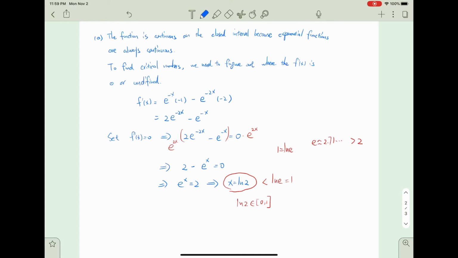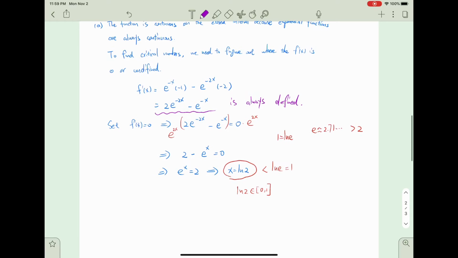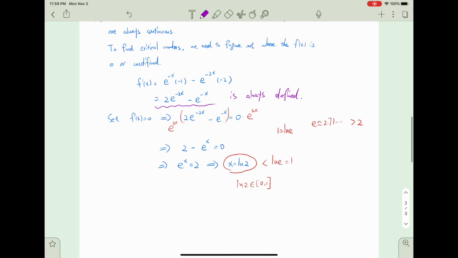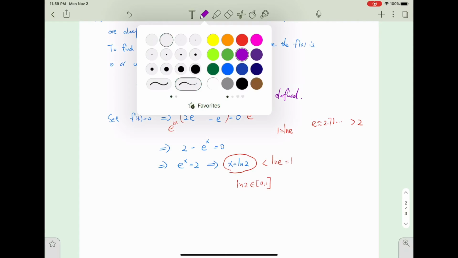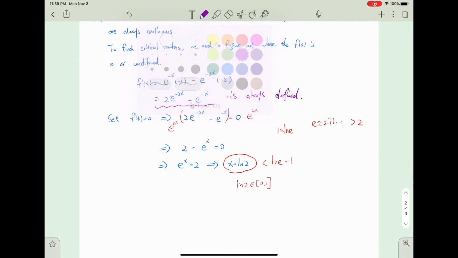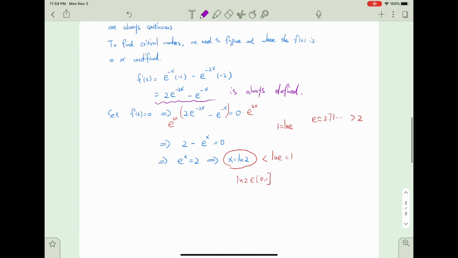For whatever value you plug in, it always gives you a defined output. So it always exists. Okay, so that is the only critical number we have, x equal to ln2.